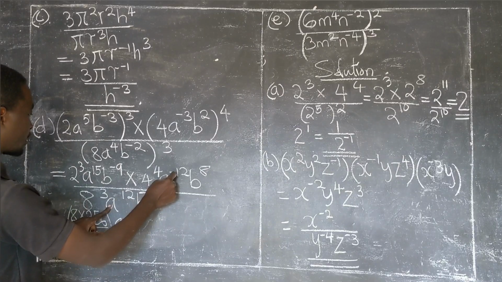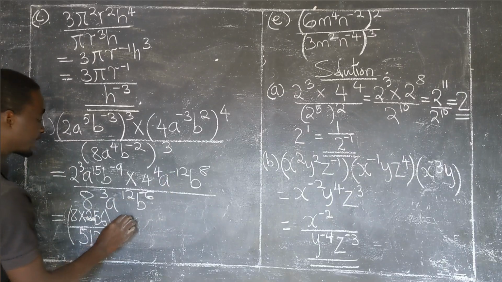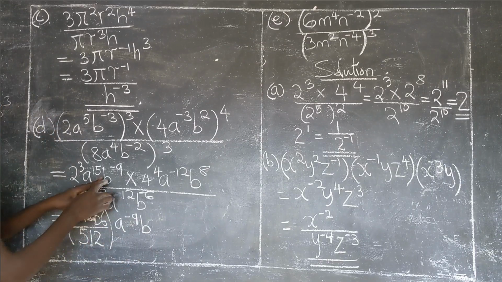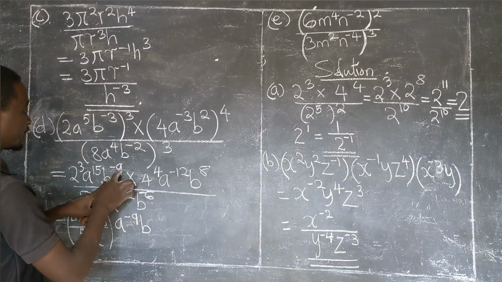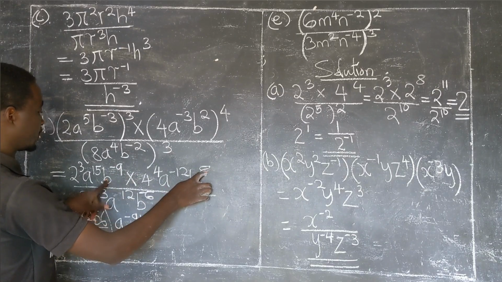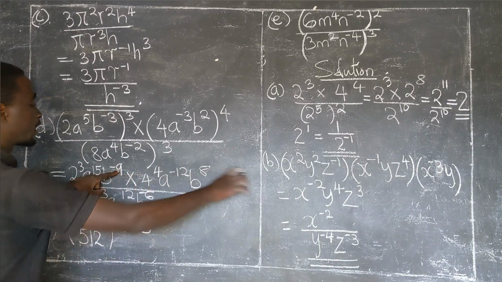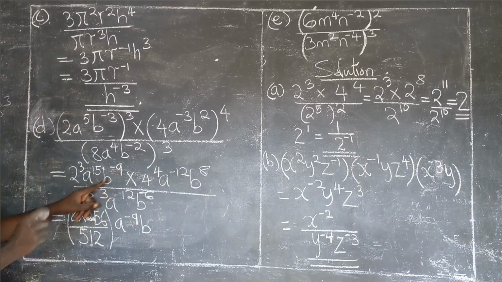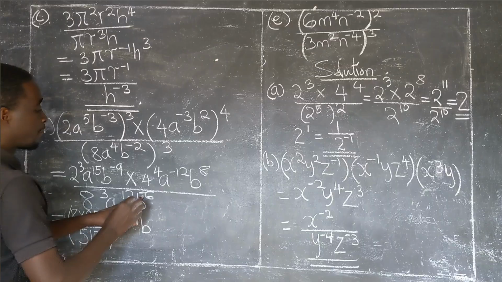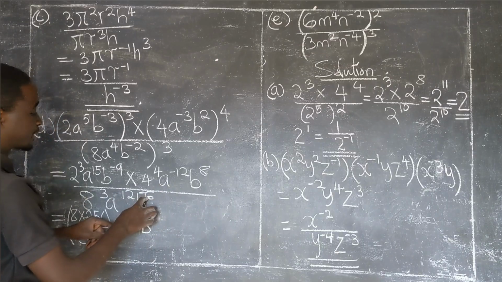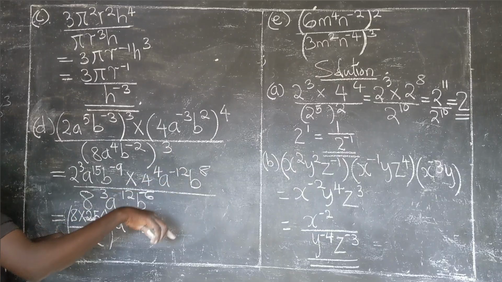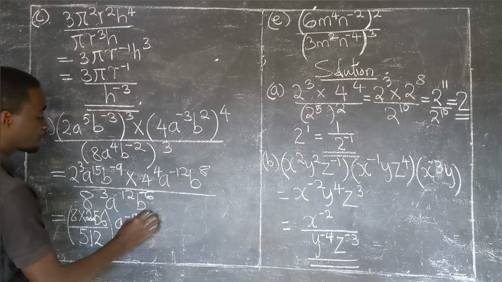Now positive 3 minus 12, we get negative 9. Again, times B. We have B here and B here. Here is negative 9, here positive 8. When we add them as they are multiplied, negative 9 plus 8, we get negative 1. Negative 1 minus negative 6 is the same as negative 1 plus 6, where we get positive 5.